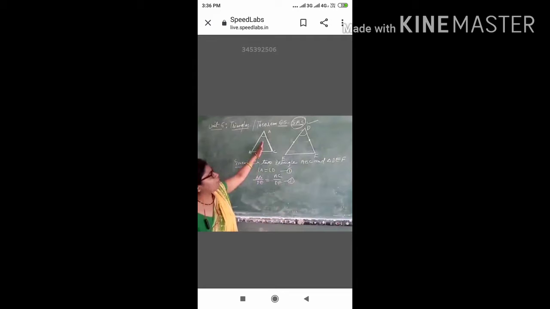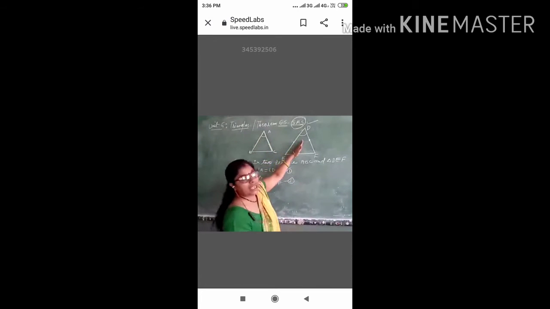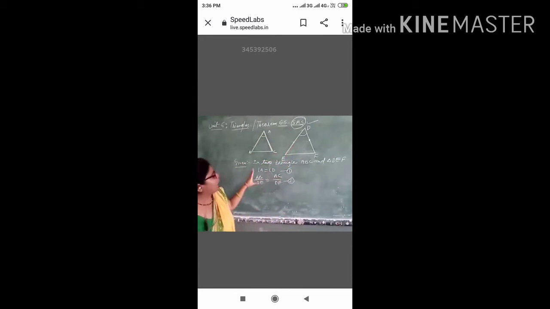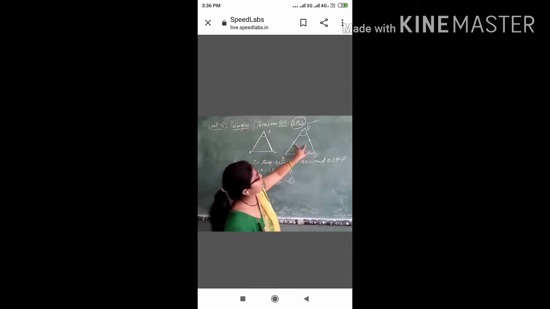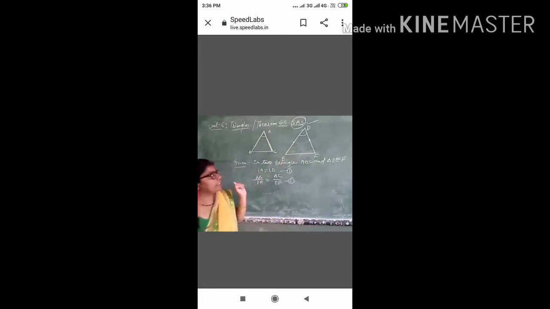If one angle of one triangle is equal to one angle of another triangle, and the included sides of one triangle are proportional to included sides of another triangle, that means angle A is equal to angle D is given, and AB upon DE and AC upon DF is given for you. Okay. And what we need to prove?